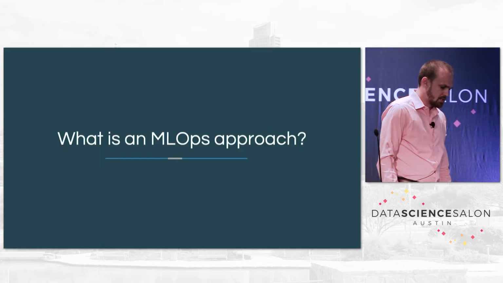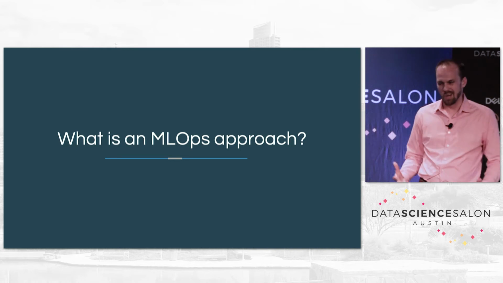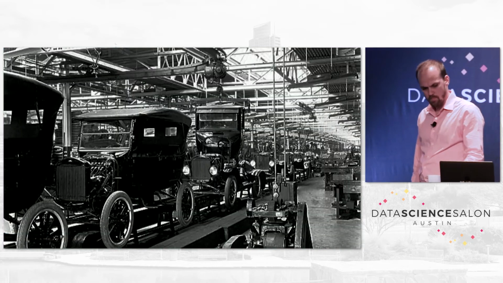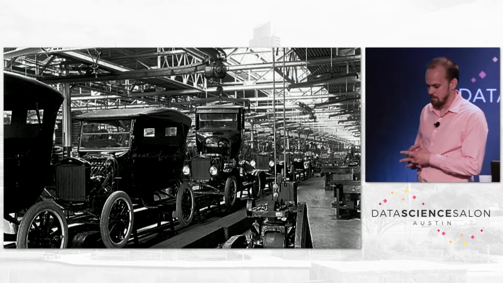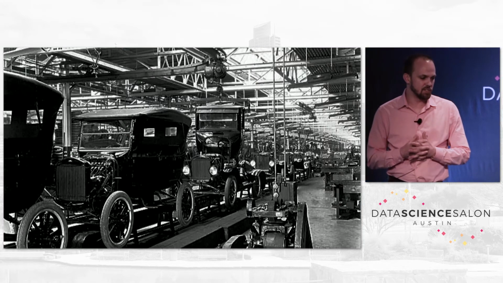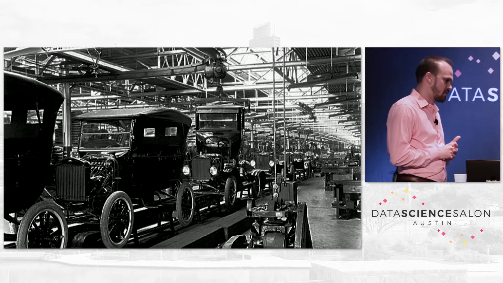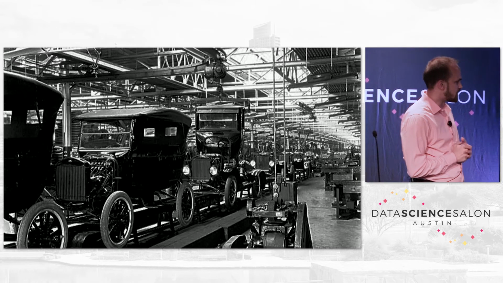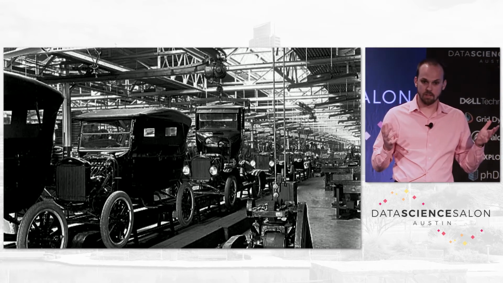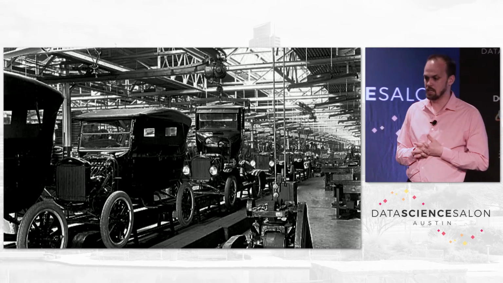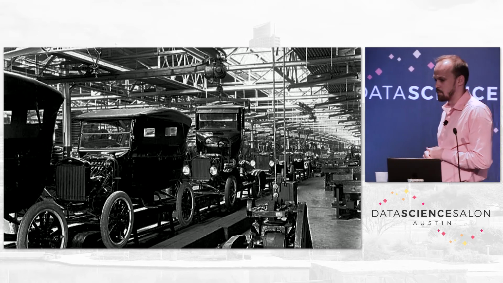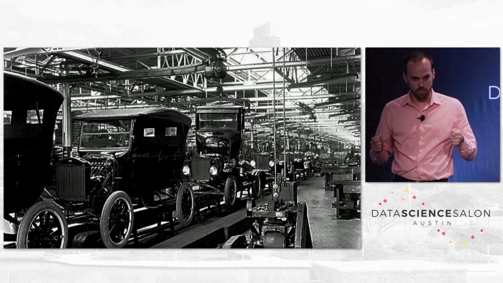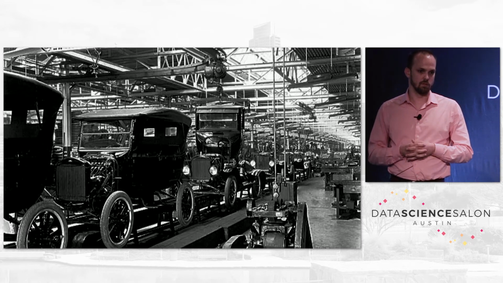And so let's jump in now to what an MLOps approach might look like. In line with the title of the presentation, I always find it useful to think of it as the assembly line. In the automobile example, Henry Ford didn't invent the automobile, but he did innovate quite a bit on the assembly line, and that's what allowed Henry Ford to take the idea of an automobile and make it a real thing for the masses.